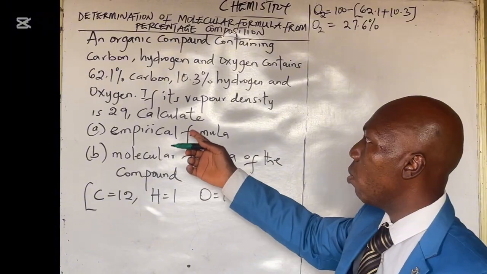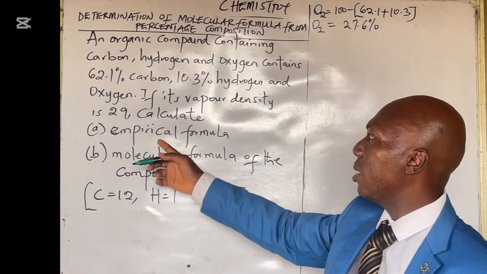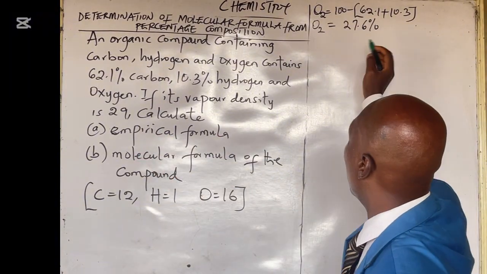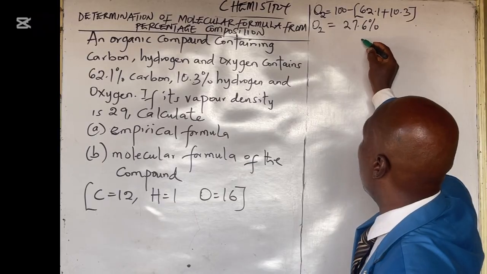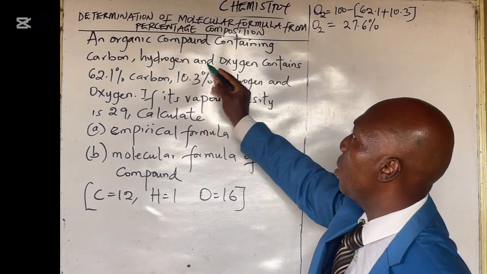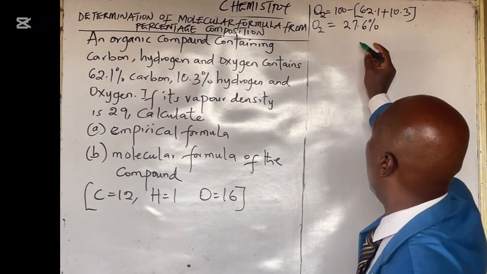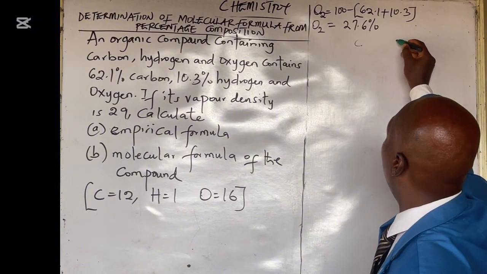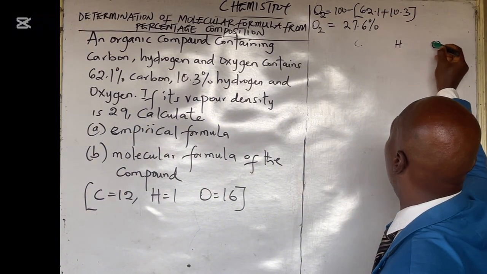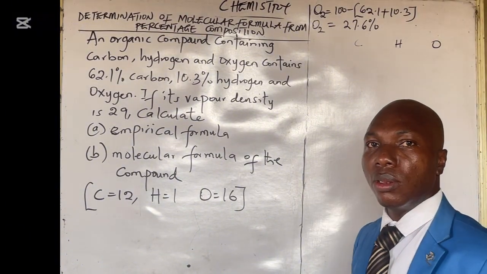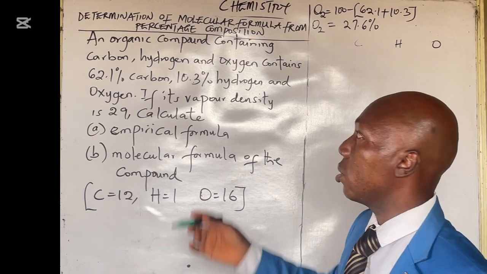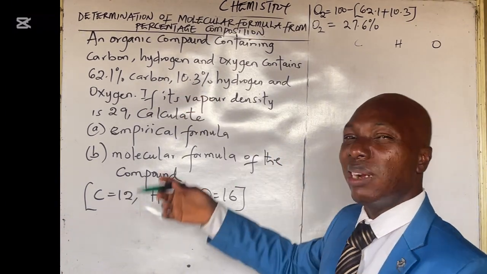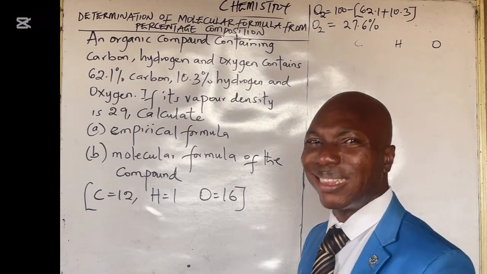So we set up our work. Let's first of all calculate the empirical formula. We set up our work as carbon, hydrogen and oxygen. Let's look at what we're given in the question. We're given 62.1%, representing their given masses invariably.